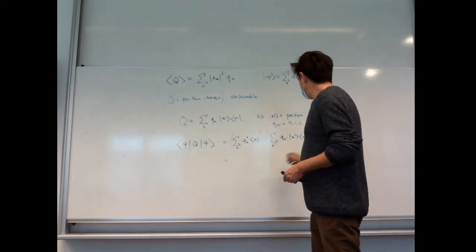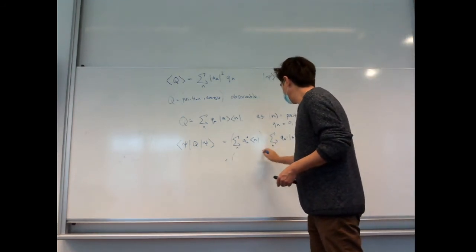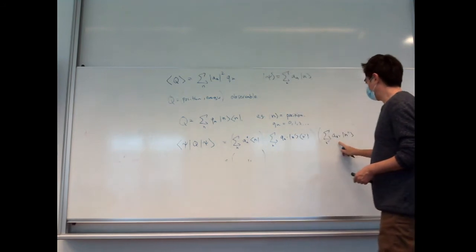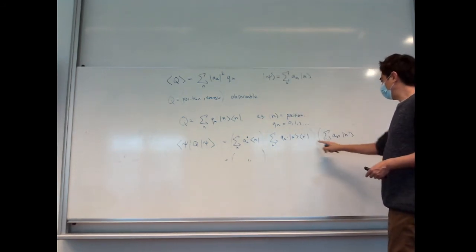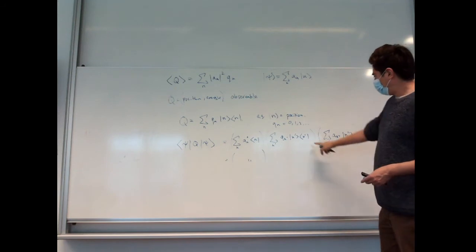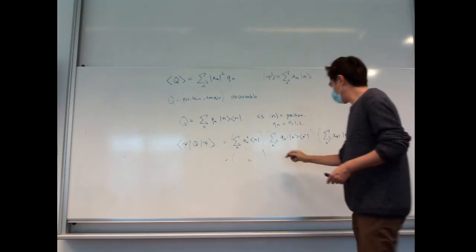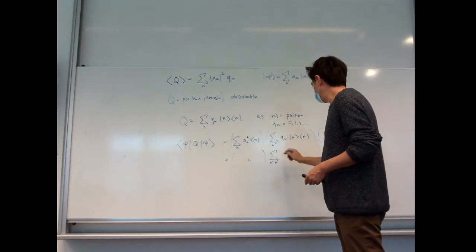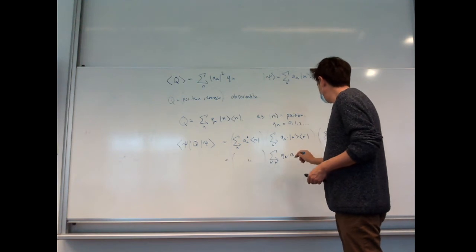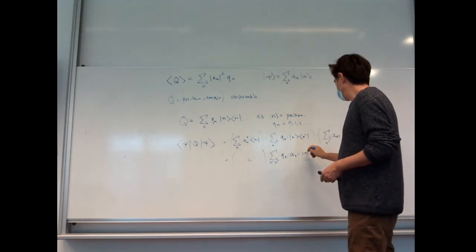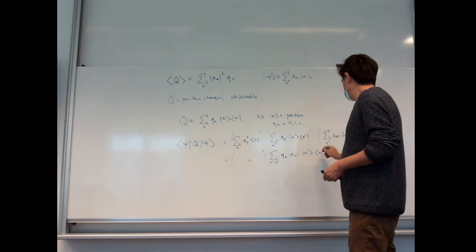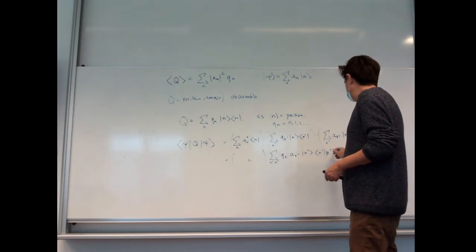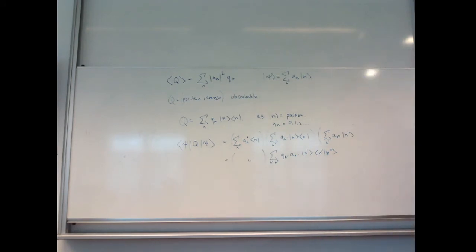So let's first do the product of these two. Let's put both of these sums together: q_n, a_n double prime, n prime, n prime, n double prime.